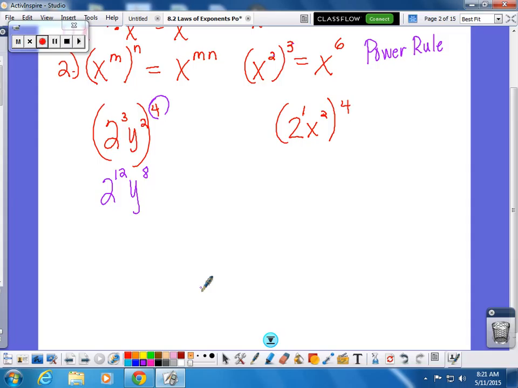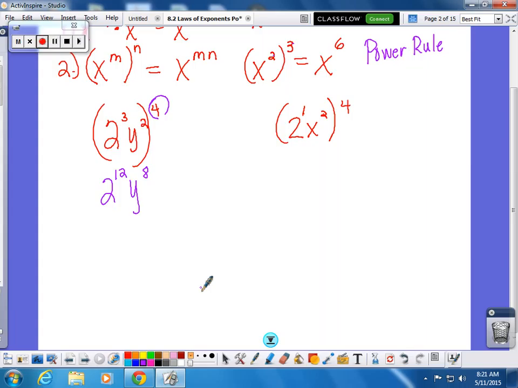Okay. Use your calculator if you have to find 2 to the 12th, or you can use your brain. 2 to the 5th is 32. So double that to get 2 to the 6th, which is 64. Double that to get 2 to the 7th, 128.